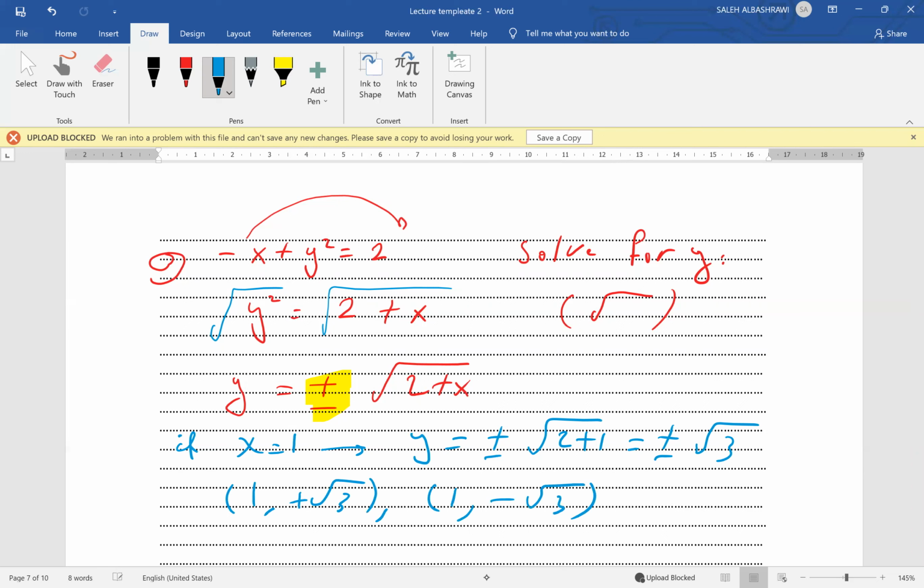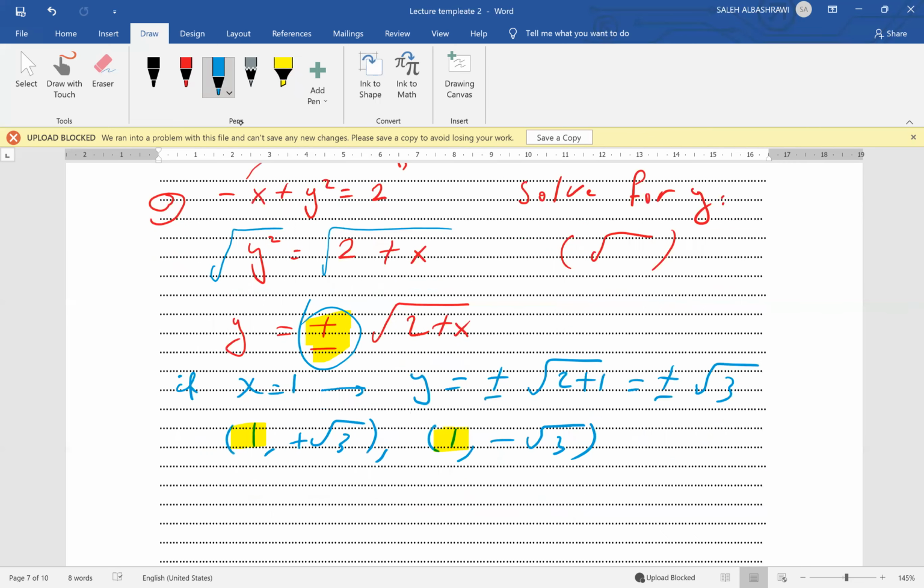So we will have two ordered pairs with the same first coordinate, but the second coordinates are different. Since I have a plus or minus, it means for each x in the domain I'll have two values of y, which means this is not a function.